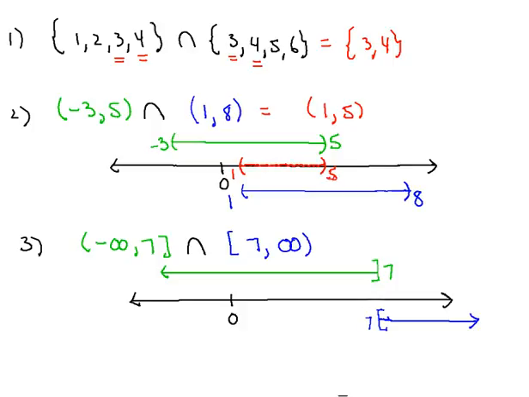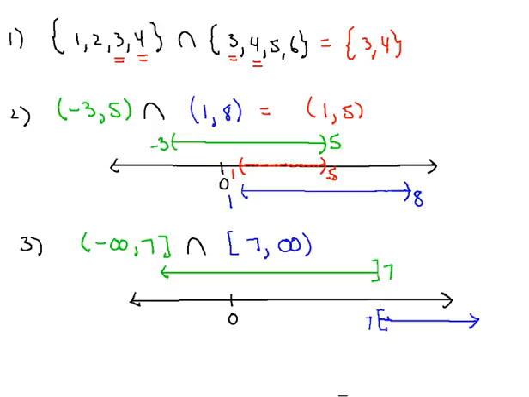Our third example consists of the sets from -infinity to 7, including 7, and you notice the bracket there which tells us it includes 7. The second set, in blue, consists of all the elements from 7 to infinity. The first set is graphed in green above the number line, and the blue graph below is the graph of the set from 7 to infinity.